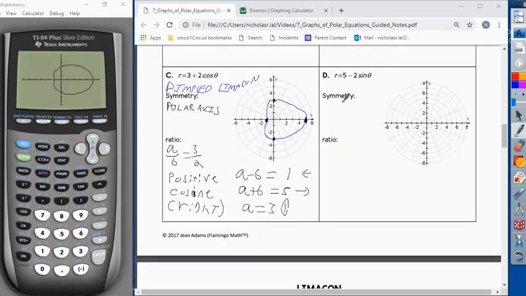We can have r is equal to 5 minus 2 times the sine of theta. Here, it's sine of theta, symmetry is going to be the y-axis. Theta is equal to pi over 2. And we have a ratio of a over b is 5 to 2. A is 5, b is 2. This is going to be a negative sign, so it's going to open down.